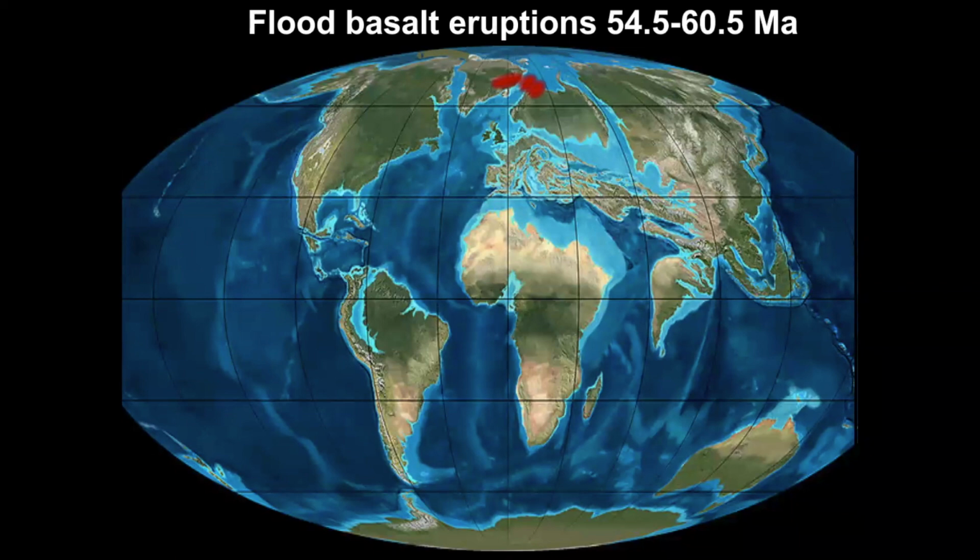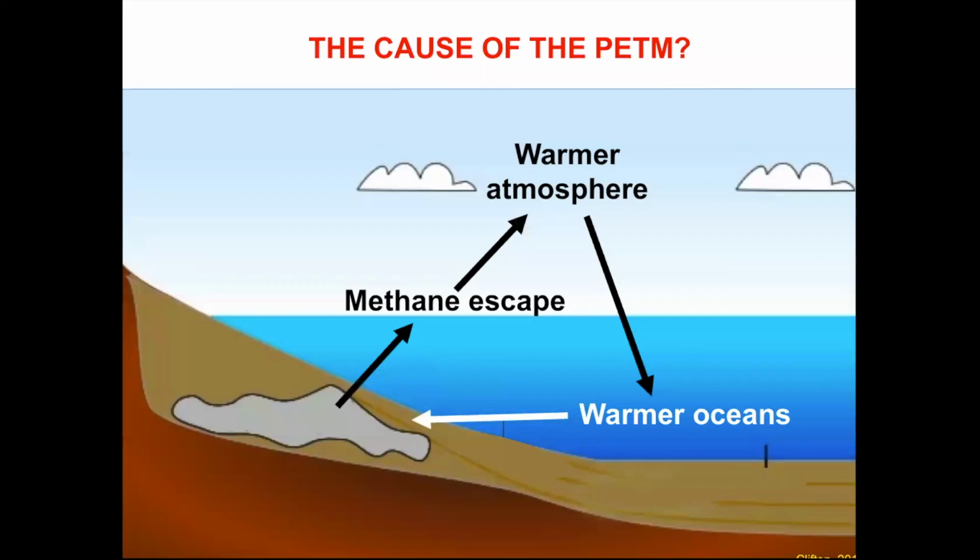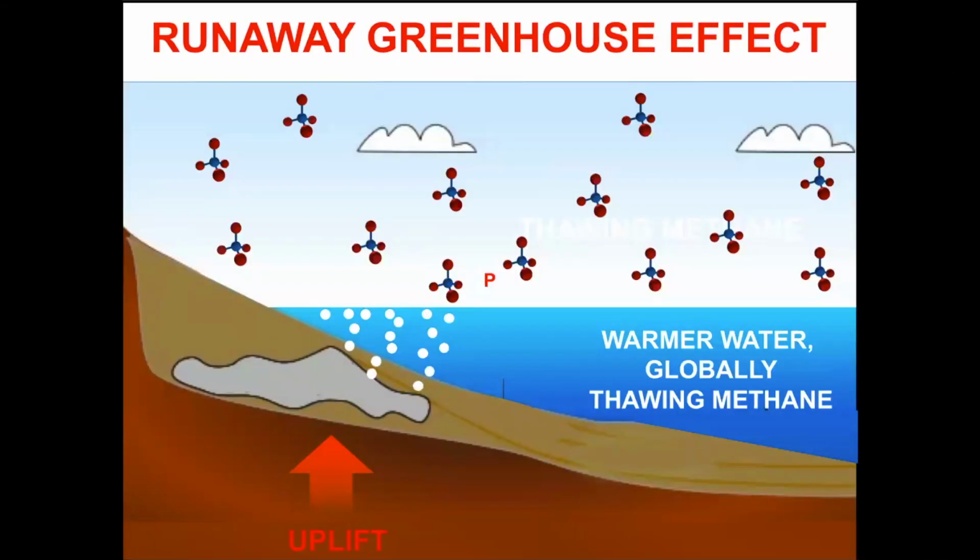There were some flood basalt eruptions that occurred around that time, but the most popular explanation right now is that it was methane escape, runaway methane escape. Remember, we talked about this last week, where there's a huge amount of methane frozen under the continental shelves.